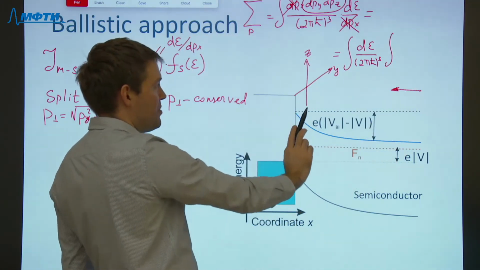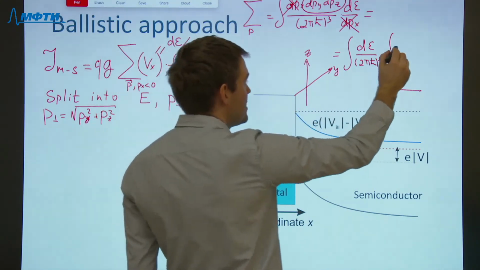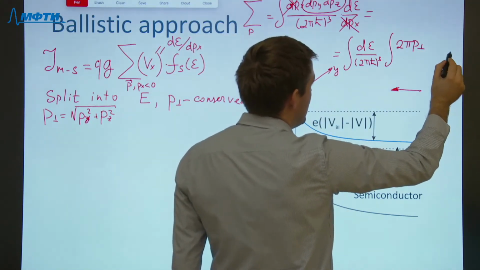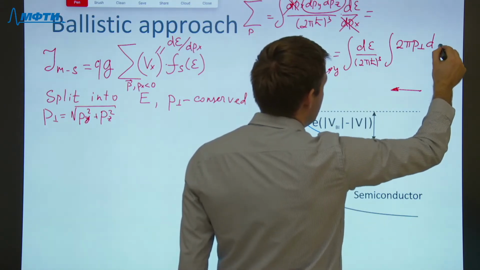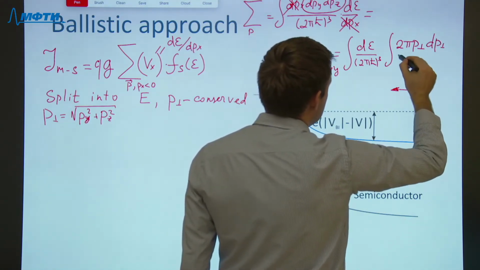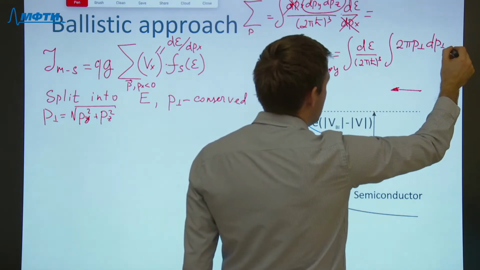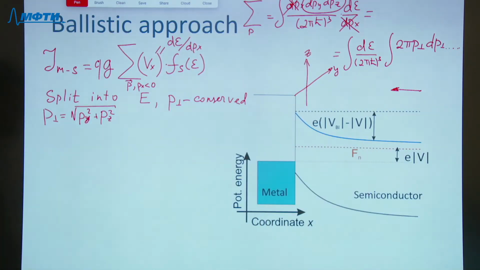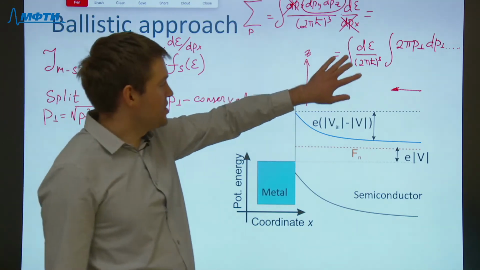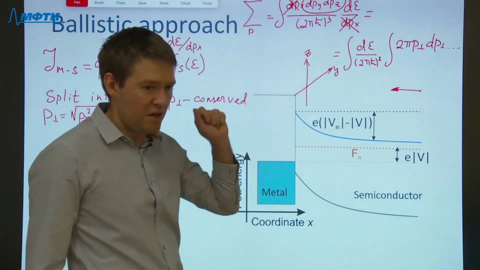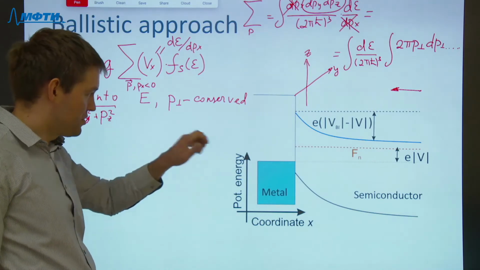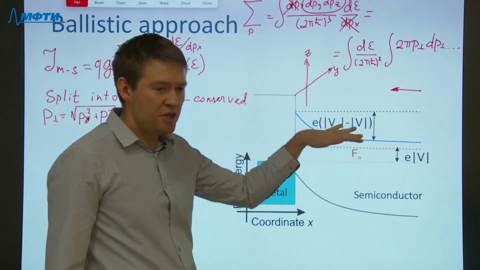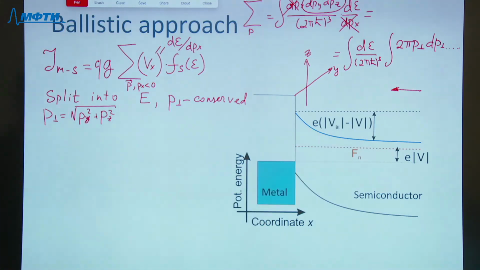The transverse momentum has two components, so here we write the area of the ring, 2 pi transverse momentum times d transverse momentum, and something that we will need to integrate further. The limits of integration would be determined right soon, because they are governed by the energy and momentum conservation laws.